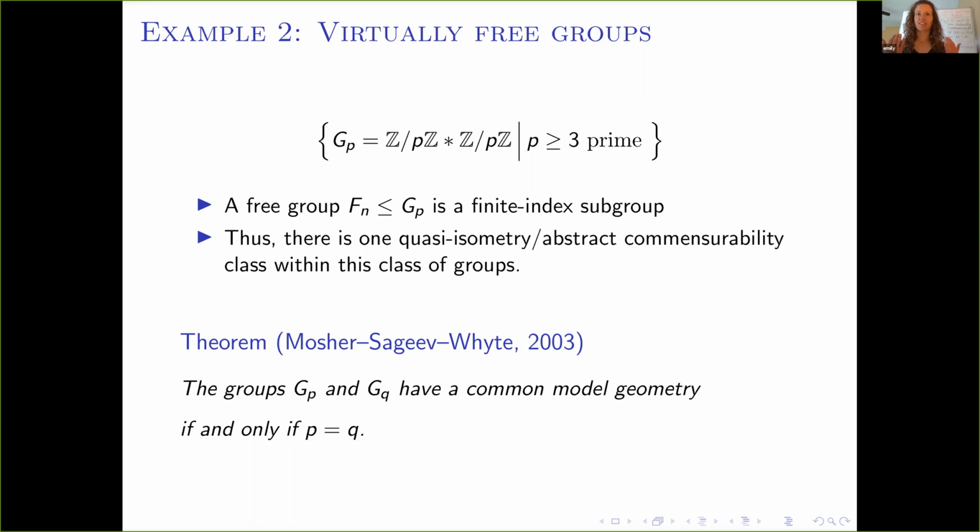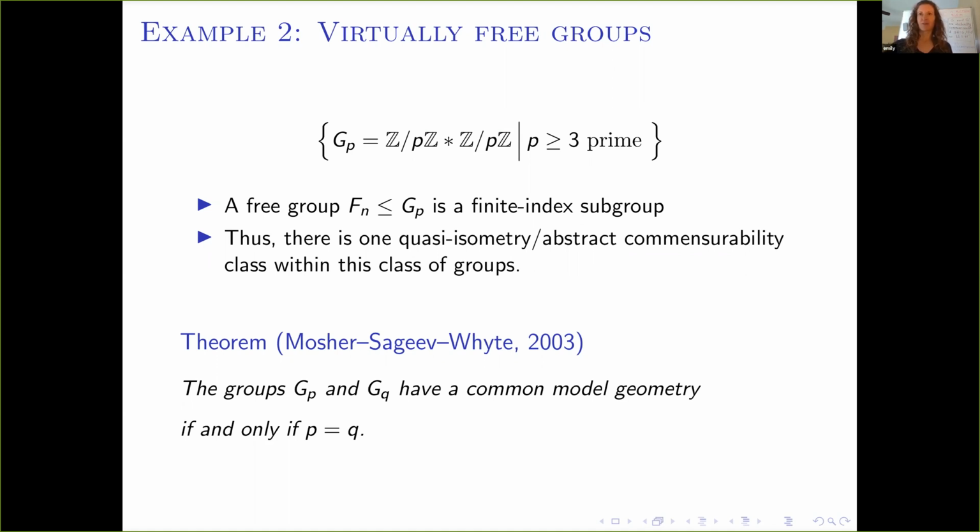But the only tree that the group G_p can act on geometrically is the Bass-Serre tree associated to this splitting. So the only tree G_p can act on is the p-valent tree, the p-regular tree, and likewise for G_q. So I guess the takeaway, because it's relevant for our theorem too, is that the first big step in the proof is to promote the common model geometry to a much nicer one.